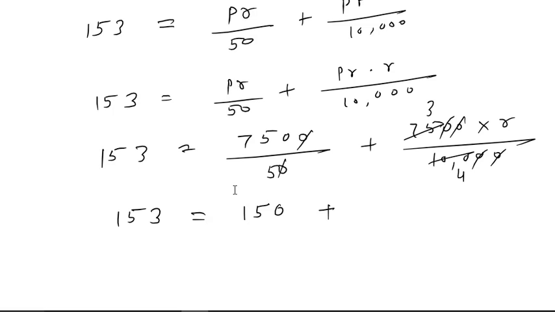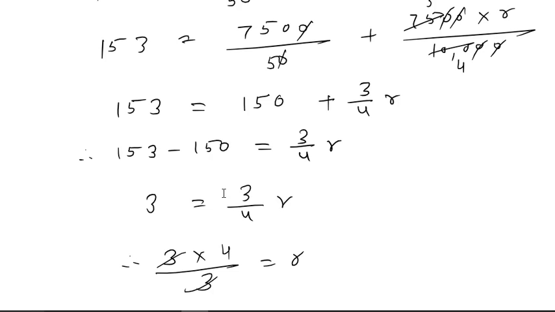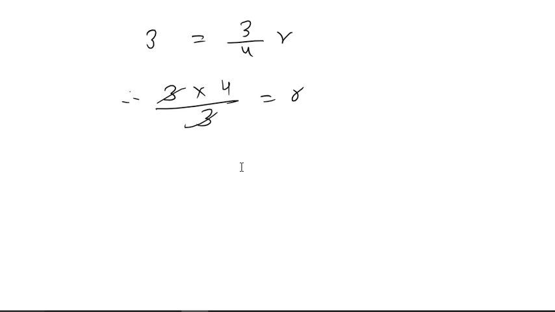So plus 3 upon 4 times R. Therefore 153 minus 150 will be 3 upon 4 R. 153 minus 150 gives 3, equal to 3 upon 4 R. Therefore 3 into 4 divided by 3 is equal to R. So 3 will cancel, and rate of interest R will be 4%.